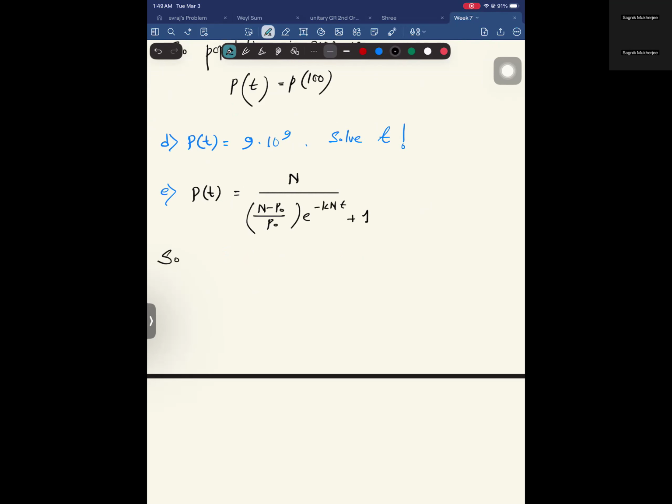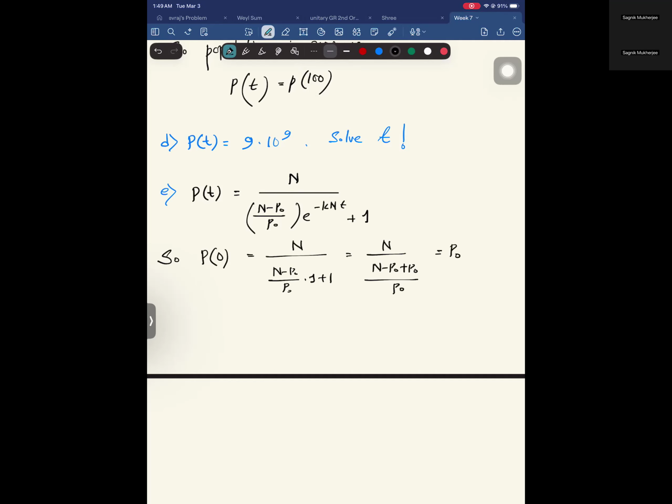So what is P0? It is n minus P0, over P0, times 1 plus 1, and this is nothing but n over n over P0, and this is nothing but P0.